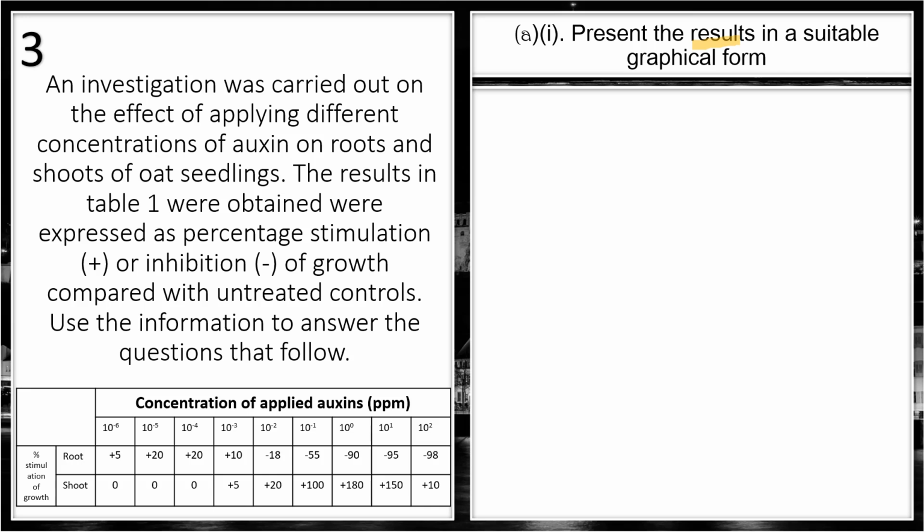Present the results in a suitable graphical form.